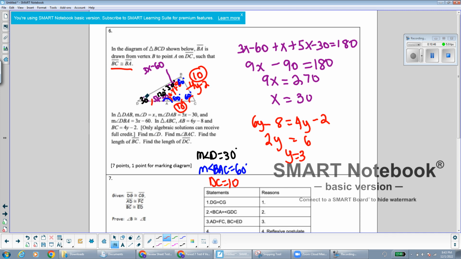So remember, this was one of the equal sides, which is also 10, part of this triangle. And this is the other equal side, which has to be 10 as well. So then we have 20, the length of DC. Oh, sorry, this was BC. DC is 20. And there we have it.